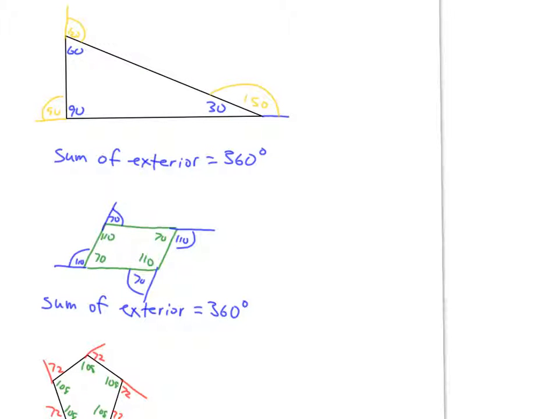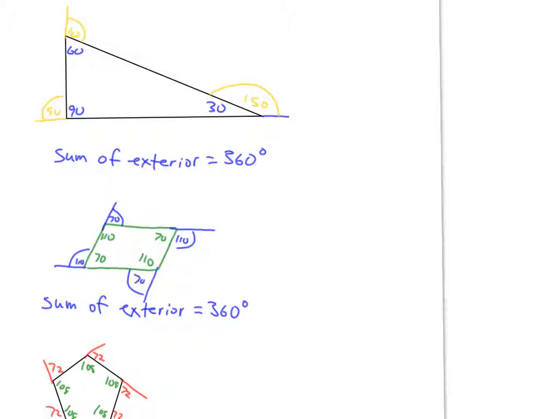Now, going back to exterior angles, I've written another triangle here, and let's say you have a 30, 60, 90 triangle. I've noted the exterior angles, and for now I just want you to realize that the sum of the exterior angles of that triangle, and that would be true for any triangle, is 360 degrees.